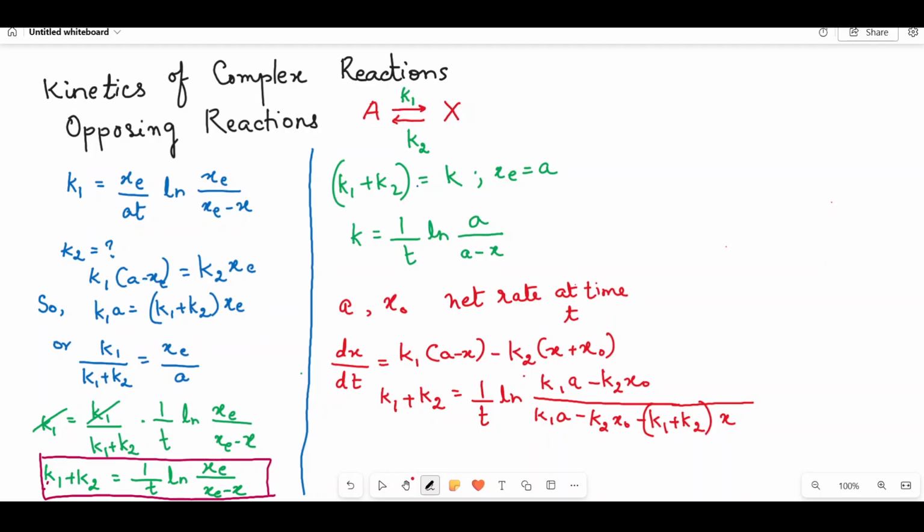The concentration at equilibrium is defined as Xe, concentration at equilibrium, Xe is equal to (K1A minus K2X0) divided by K1 plus K2.